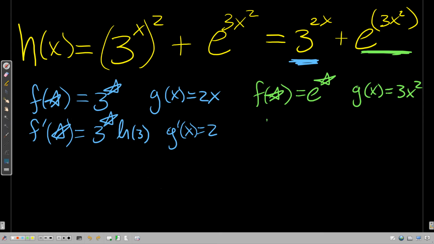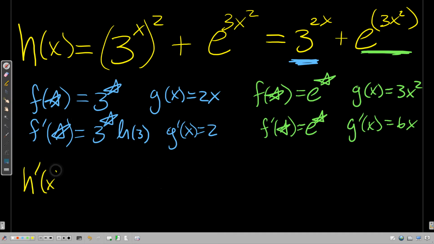Okay, I've got everything I need for that one. Moving on to the other one. F prime of star is e to the star. G prime of x is 6x. I'm ready to write down my answer. H prime of x has got to look like f prime of star times g prime of x.